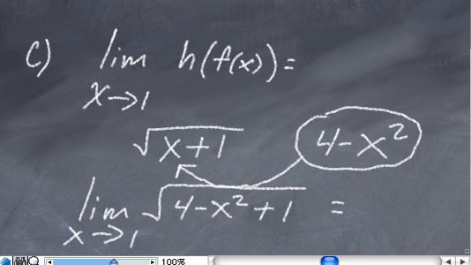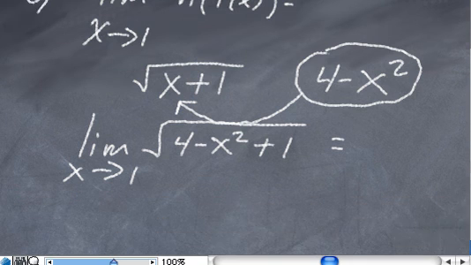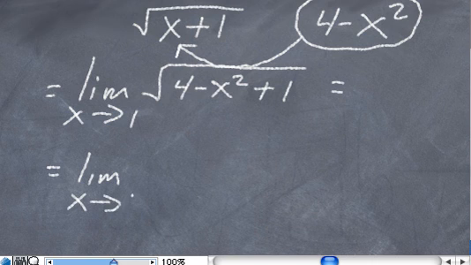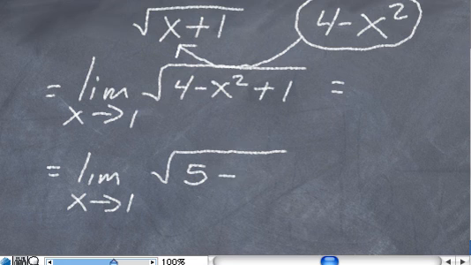But what we want to do here is simplify this down. So we end up with the limit as x approaches 1 of the square root. So we have 4 plus 1 is 5, minus x squared.